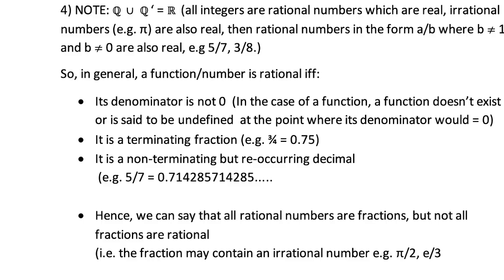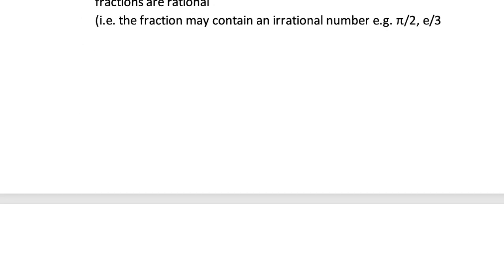E, which is Euler's number, is also not rational, it's irrational. E is equal to 2.718281828459045, so you can see that there is no reoccurrence in the mantissa, that's the fractional part.